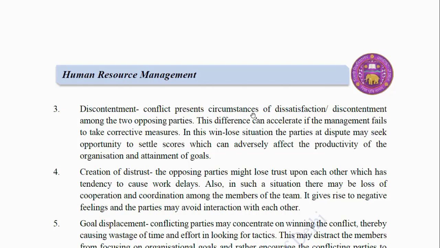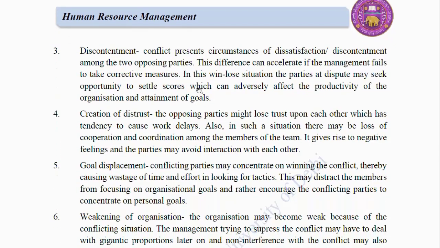Conflict presents circumstances of dissatisfaction, discontentment among the two opposing parties. This difference can be accelerated if the management fails to take corrective measures. In this win-lose situation, the parties at dispute may seek opportunity to settle scores which can adversely affect the productivity of the organization and attainment of organizational goals.